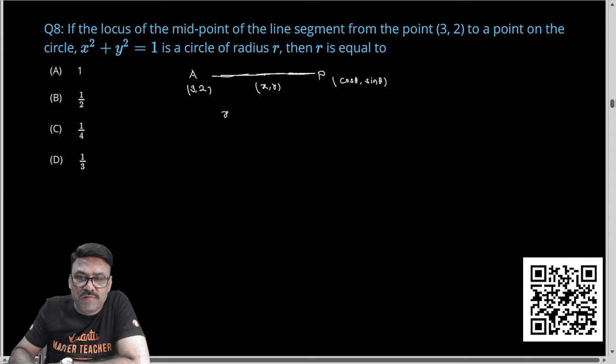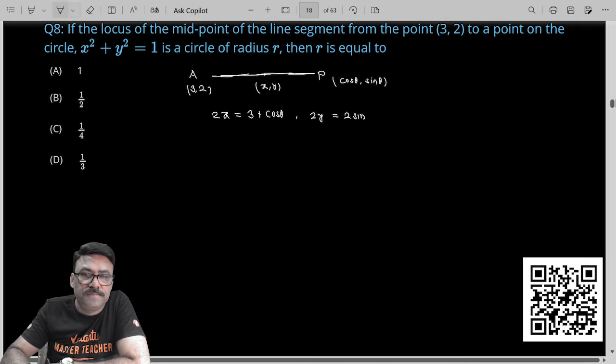So using the midpoint formula, 2x is equal to 3 plus cos theta, and 2y is equal to 2 plus sin theta.